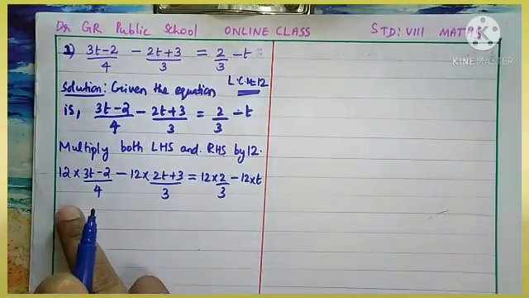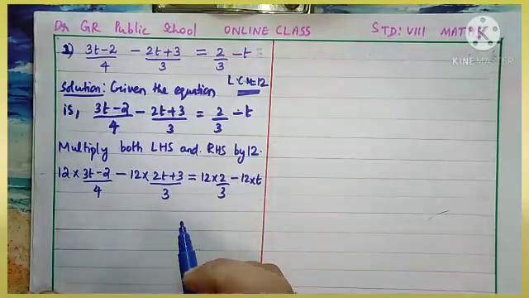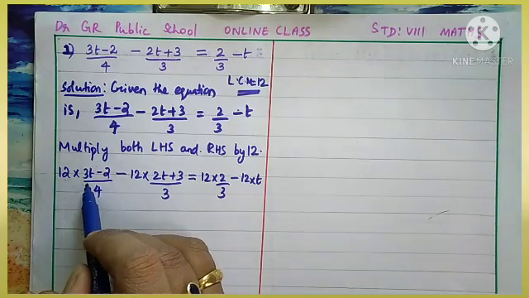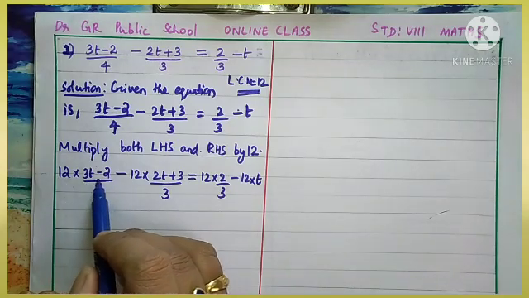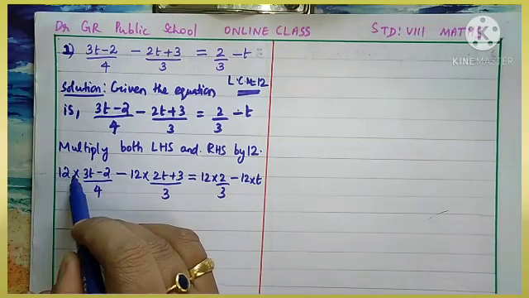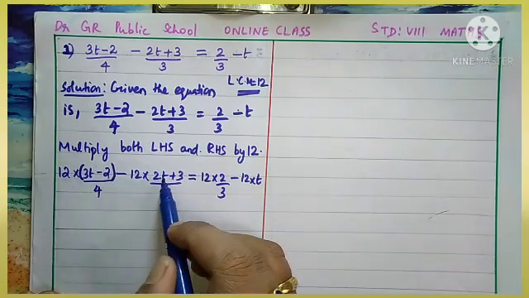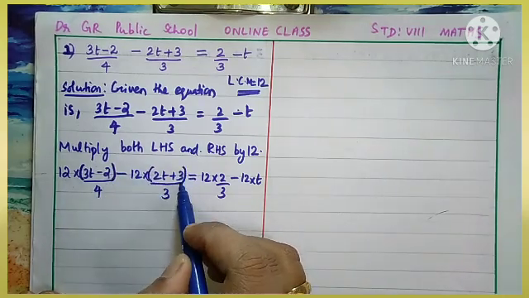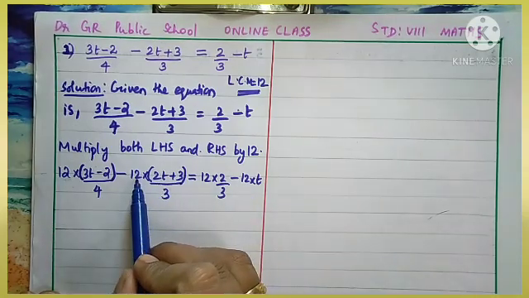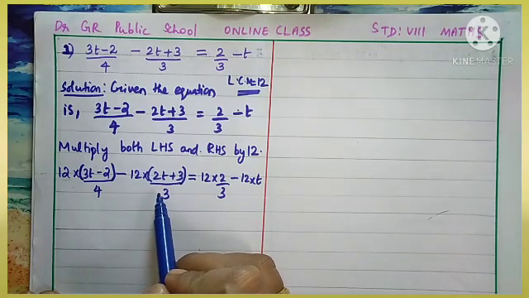So what I did here, all the terms I multiplied by this LCM. Okay. Now see, whenever you have two terms in the numerator, the meaning is this 12 which we multiplied is common to both the terms. So whenever there are two terms in the numerator, you just put a bracket. Okay, because the meaning is this outside number is common for both the terms. So you should use a bracket.